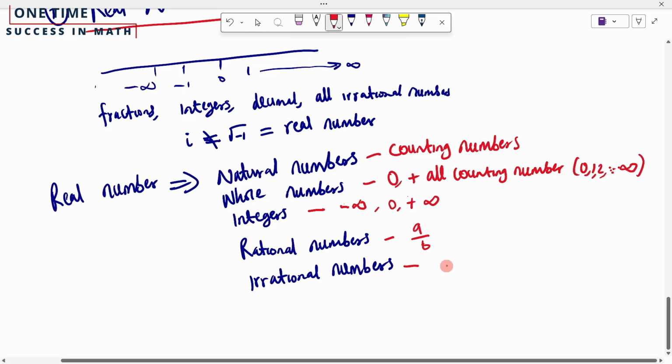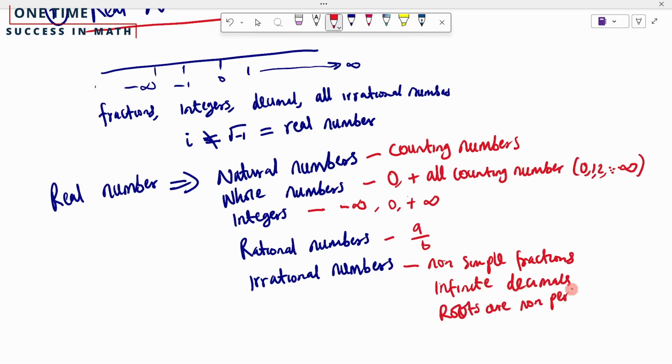So they will never establish a repeating pattern. They have no simple fraction, they have infinite decimals, they are non-repeating, and their roots are non-perfect squares.